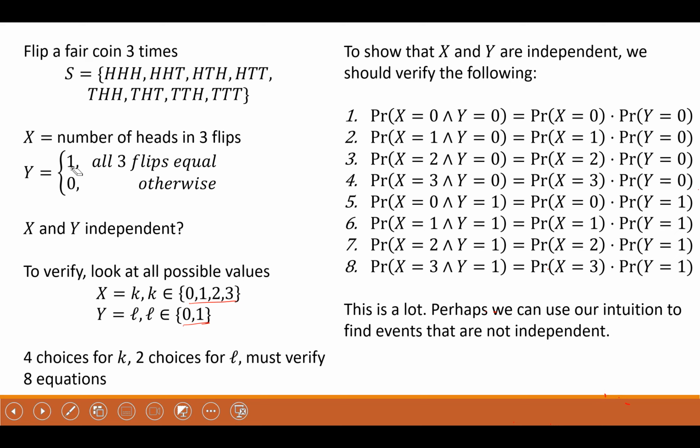So if I tell you that Y equals 1, that all 3 flips are equal, then I know the outcome was either heads, heads, heads, or tails, tails, tails. And if I look at the possible values of X, then X can't be 1, right? Because I know that there was not just 1 heads, there was either 3 or 0. X can't be 2. So yeah, X is either 3 or 0. So yeah, if I tell you Y, I've given you information about X.